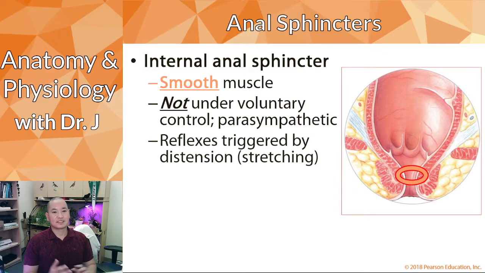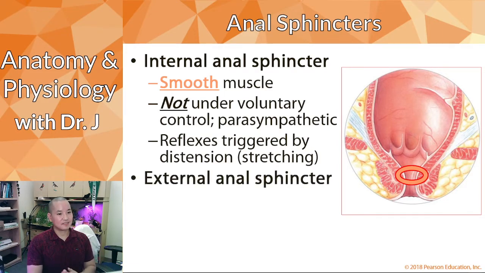How do you relax the internal anal sphincter? It's triggered by stretching, and this is something Dr. Enders talks about in her talk too: when there's something there, that's going to stretch this surrounding area. So there's a reflex that happens: if you stretch this part right here, it's going to relax this internal anal sphincter and allow the contents to move to the next stop.